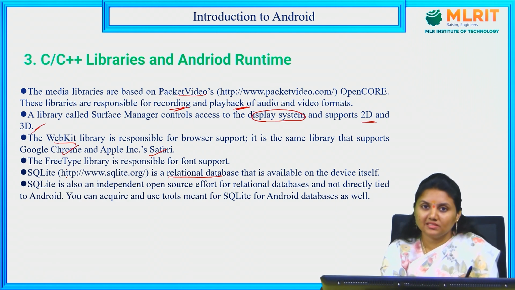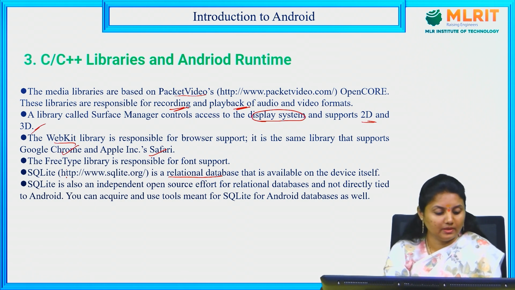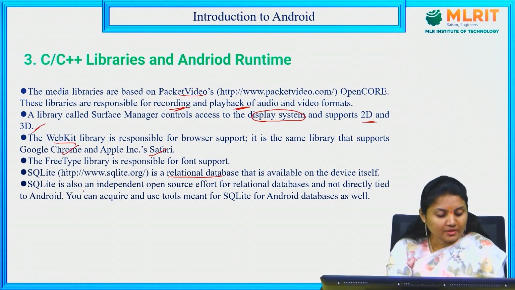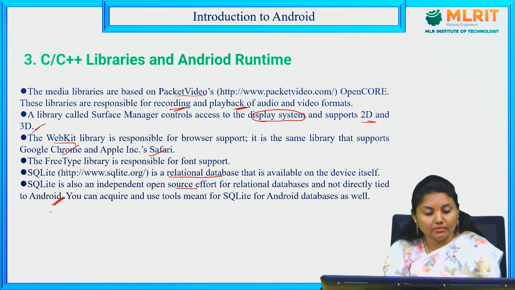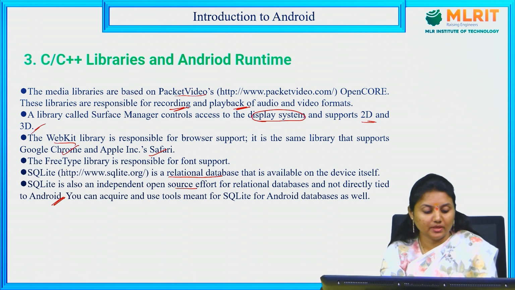SQLite is similar to your SQL, but it accesses a small database. It's an independent open source relational database, not directly tied to Android. But every Android phone is using SQLite for fetching or retrieving data from the database.